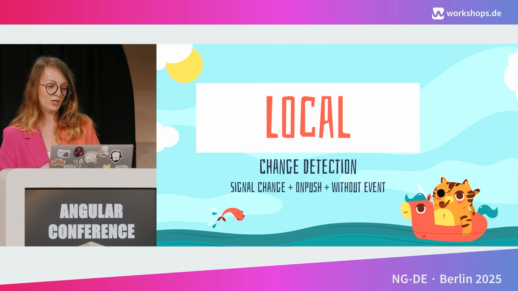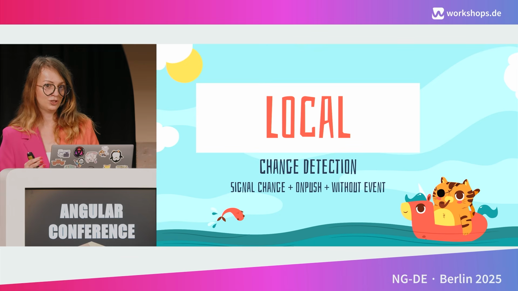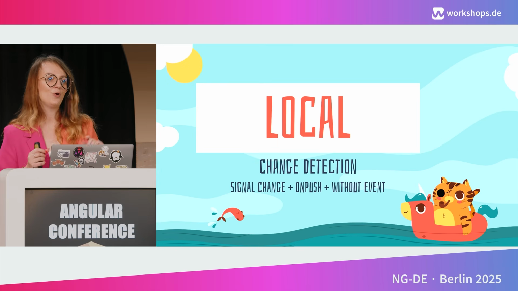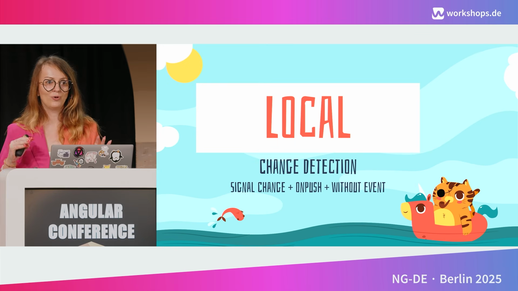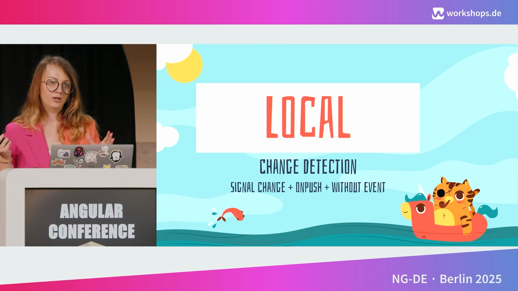The second one is that we need the signal value change, but without marking components as dirty. So it could be achieved by some async task like HTTP request or observable value change, something like that.